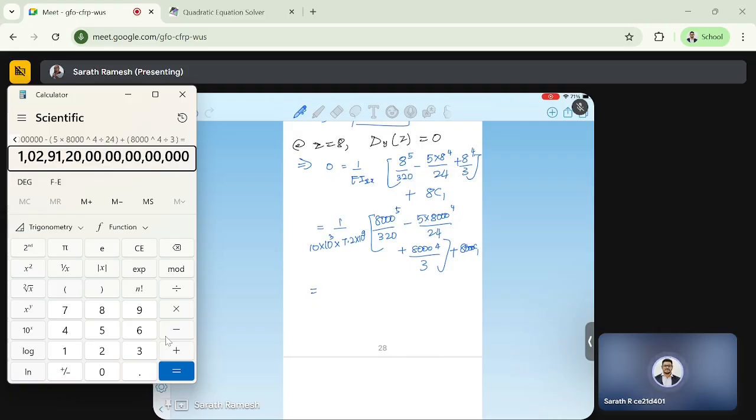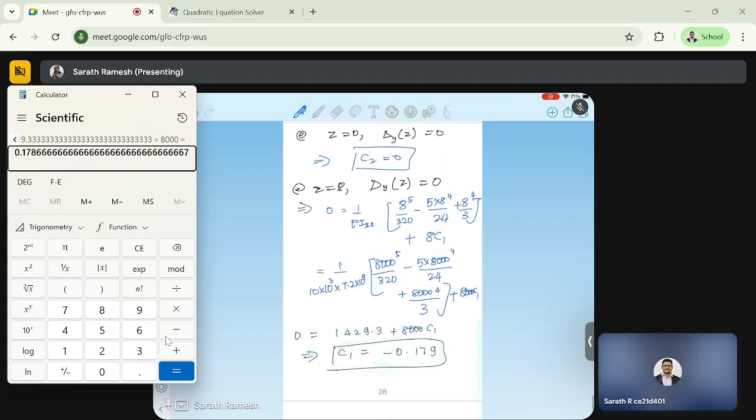Oh, it's a very, very huge number. Divided by 10 power 9, 10 power 10, 10 power 13, 72 into 10 power 12. So this itself I'm getting 1429.3 plus 8000 C1 is equal to 0. So C1 will be just minus 1429.3 by 8000, that is minus 0.179.